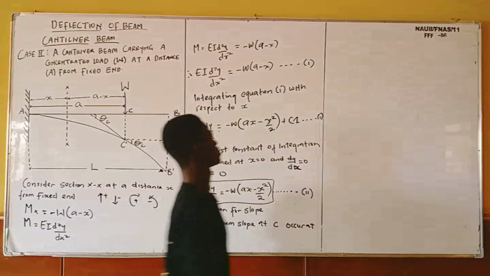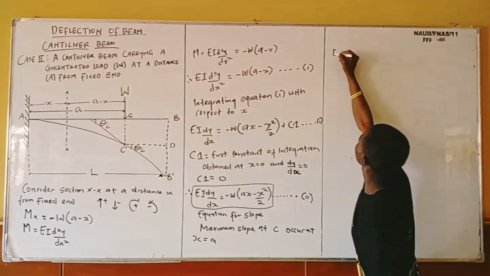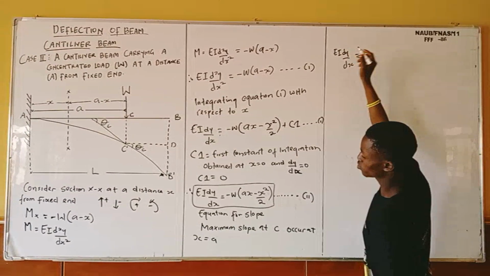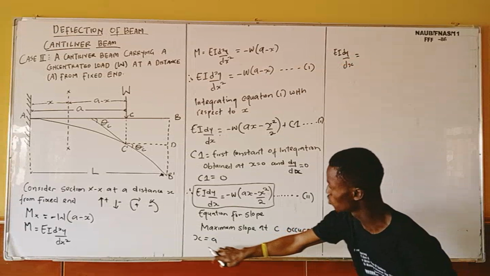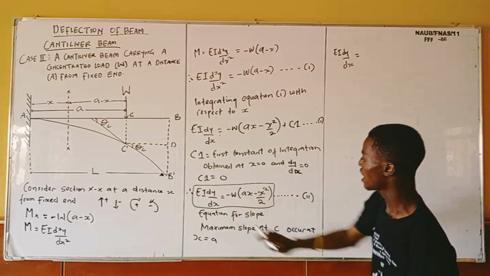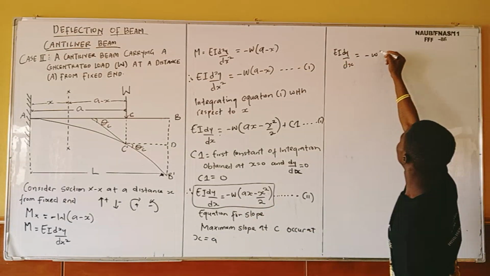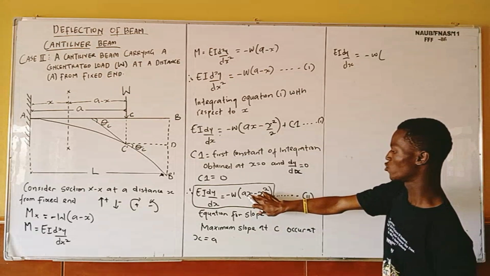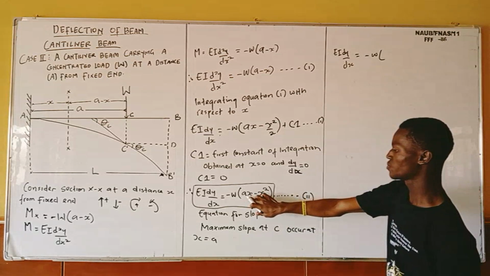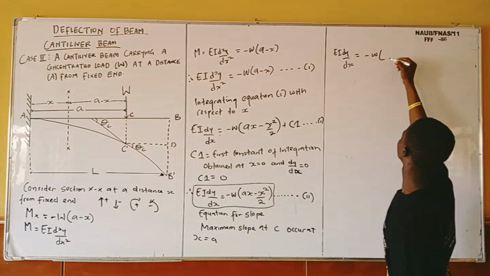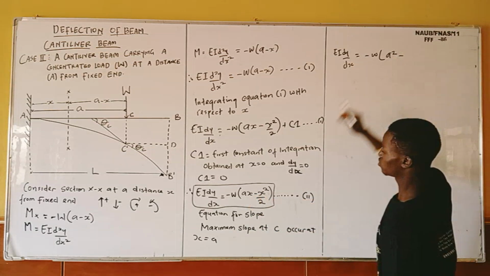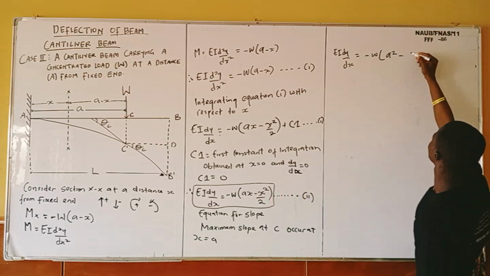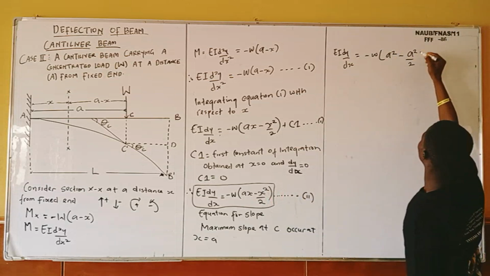So I'm going to have EI dy/dx equals, now my x equals a. So here I have negative w. Don't forget that my x equals a, so I'm going to have a here. a multiplied by a is going to give me a squared. a squared minus, here I'm going to have a squared over 2.